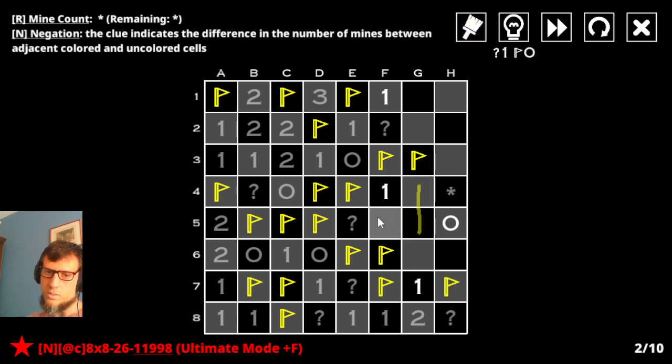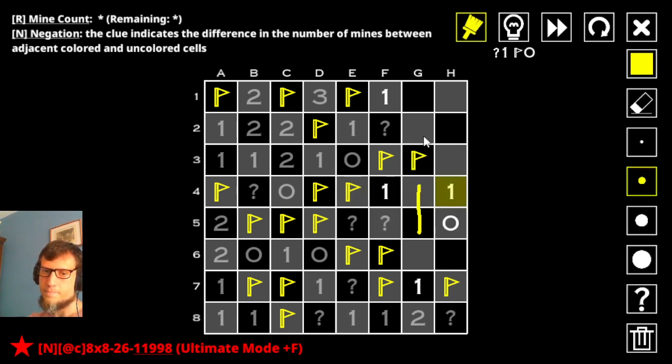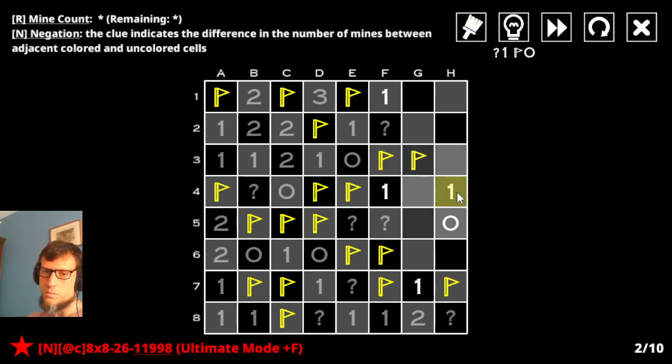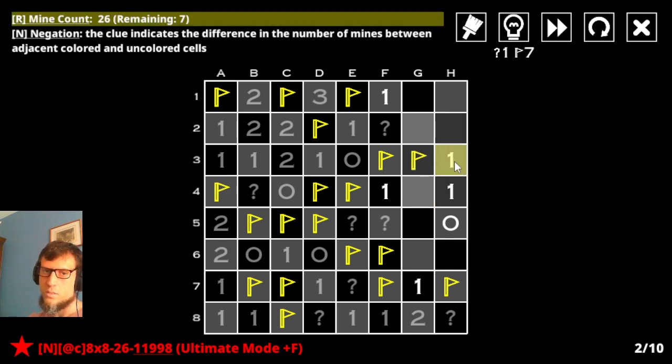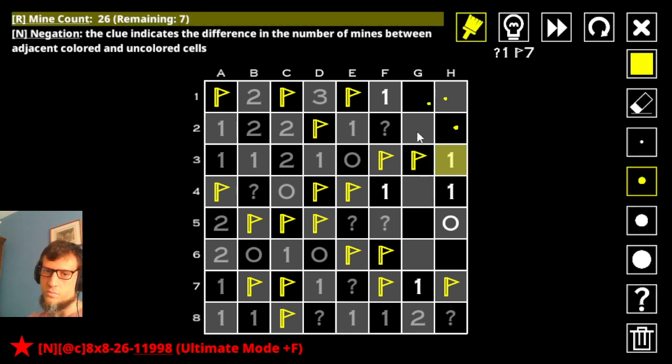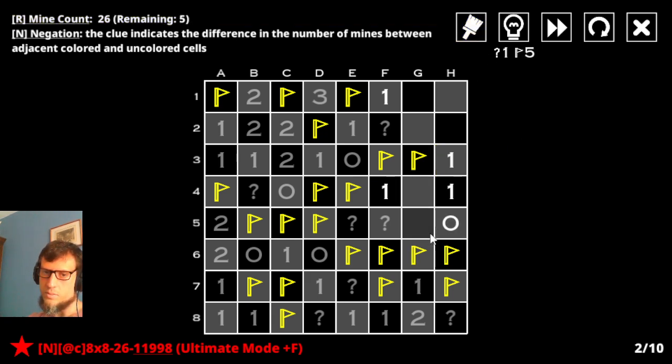And that means that's a mine and that isn't. There we go. Now, this 0, I know those two are the same as each other, which means those two have to be different from each other. Since that's a mine, that can't be. Seven left: 1, 2, 3, 4, 5, 6, 7, 8. Okay, so any two that are paired and have to be the same as each other have to both be mines. That includes all of that. That one now says this.